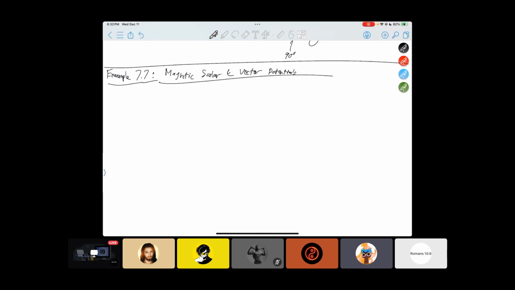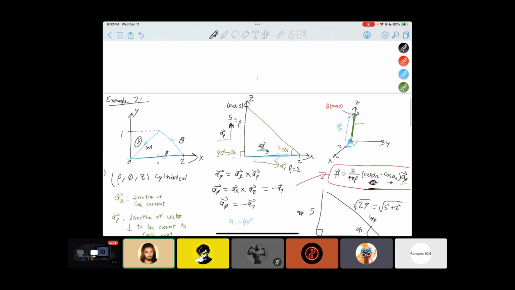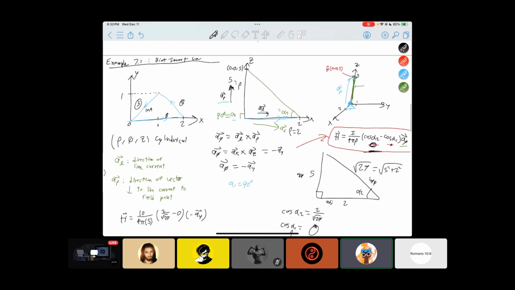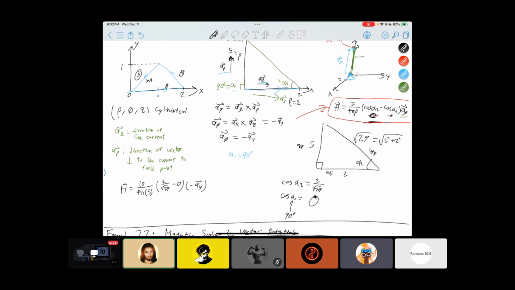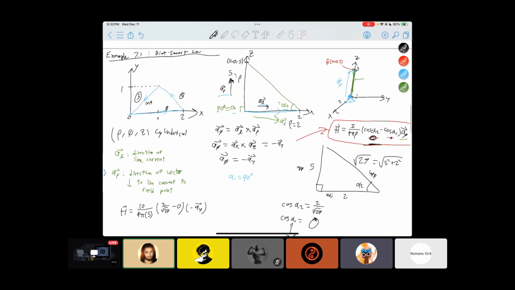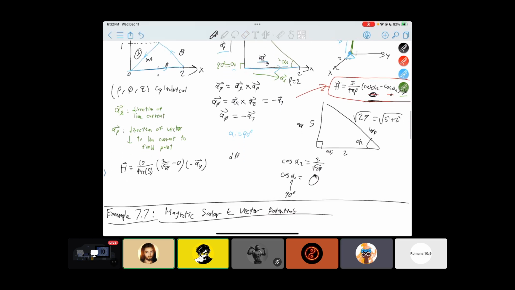I'll just note here this is the Biot-Savart law, mostly the 1 over 4 pi rho times cosine alpha 2 minus cosine alpha 1. That's your general formula for a finite pole. Biot-Savart law is like this crossed with this over something else.